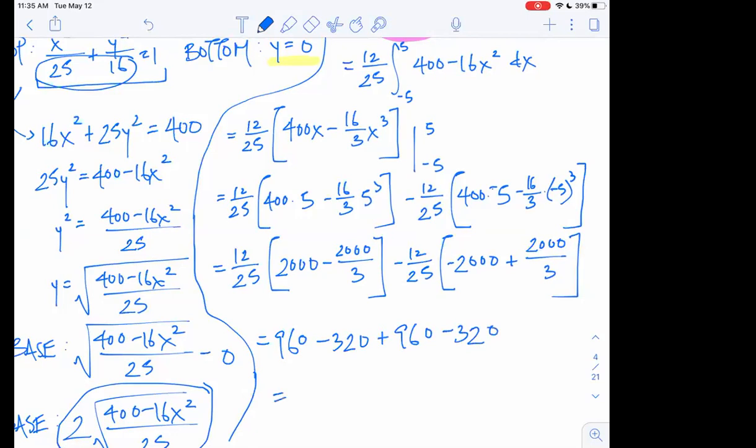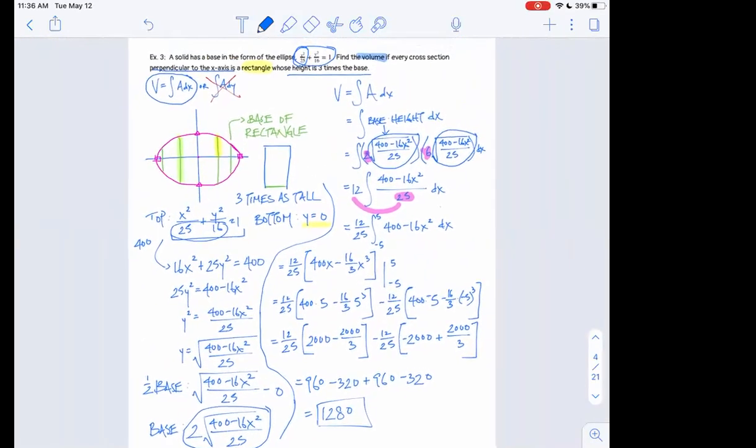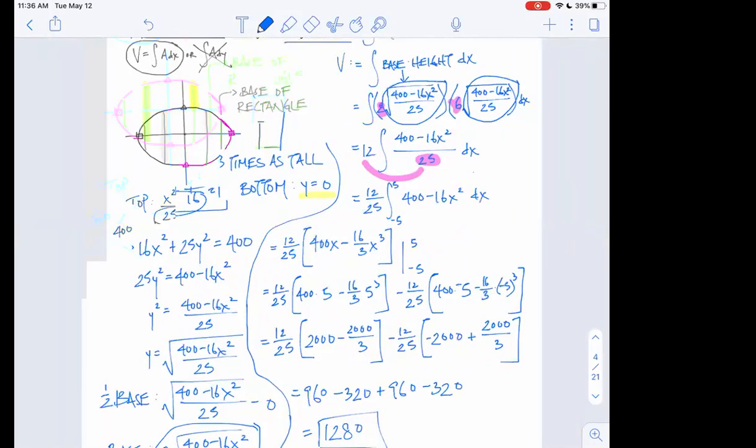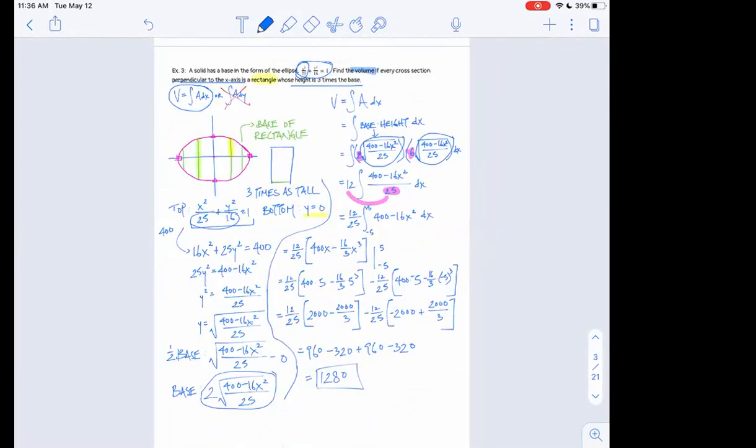So 960 minus 320 plus 960 minus 320 is going to give me 1280. And 1280 represents the volume. If I have the base as an ellipse, and I draw these cross sections that are rectangles, where the height is going to be 3 times the base, and I'm going from -5 all the way to 5, I'm filling the whole ellipse with these rectangles.